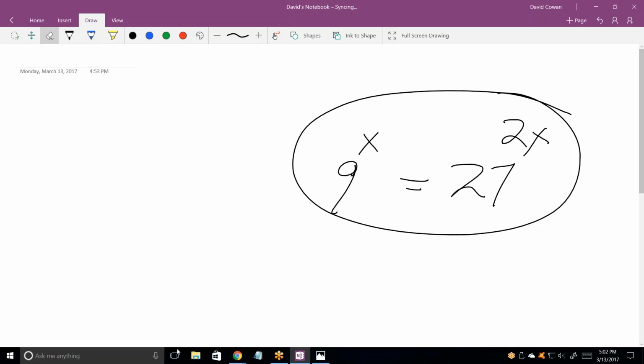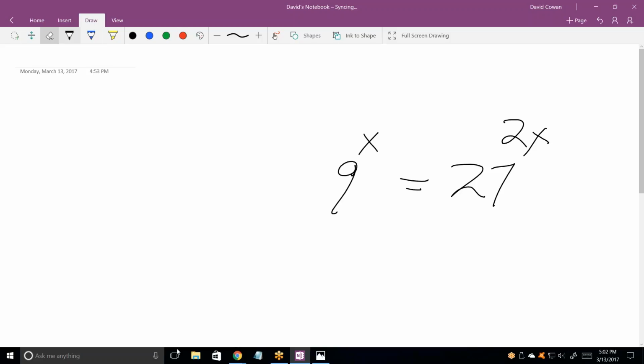Okay, so is there a common exponential base between the numbers 9 and 27? Yes. What is it? 3. Okay, so how do I write the next line? Okay, so let's see. 3 squared, in parentheses, very important, to the power of x is equal to, let's see, is that 3 cubed? It is.